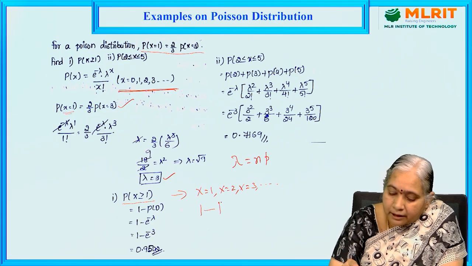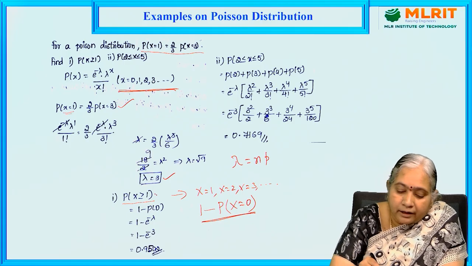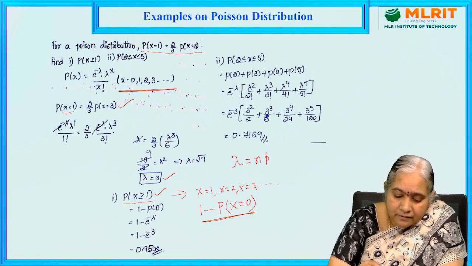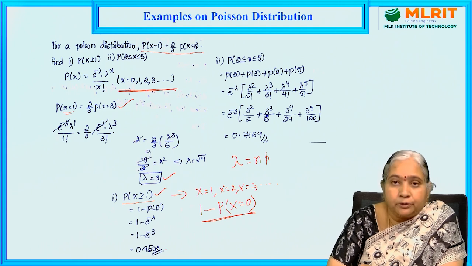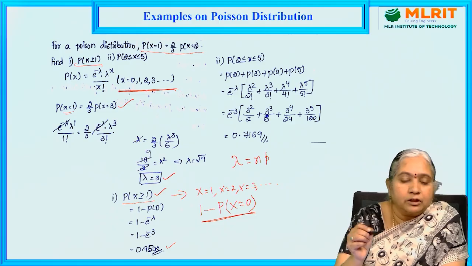That is probability of x equal to 0. So this probability is equal to the required probability. So 1 minus p of 0. So 1 minus e power minus lambda, that is. So after solving this, 0.9502. So this is the probability of x greater than or equal to 1.